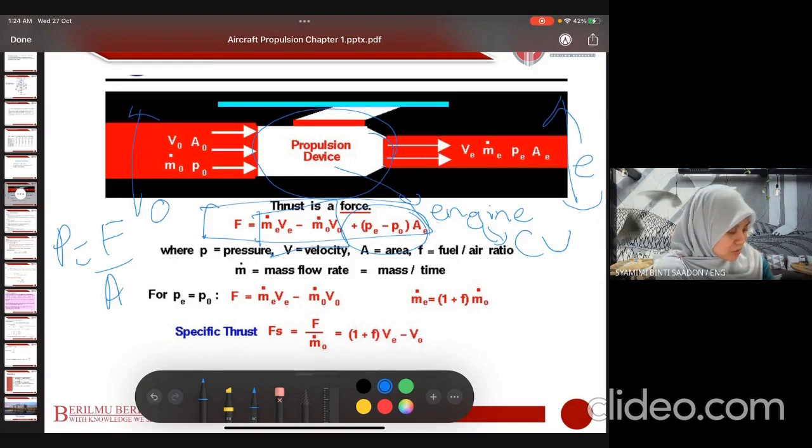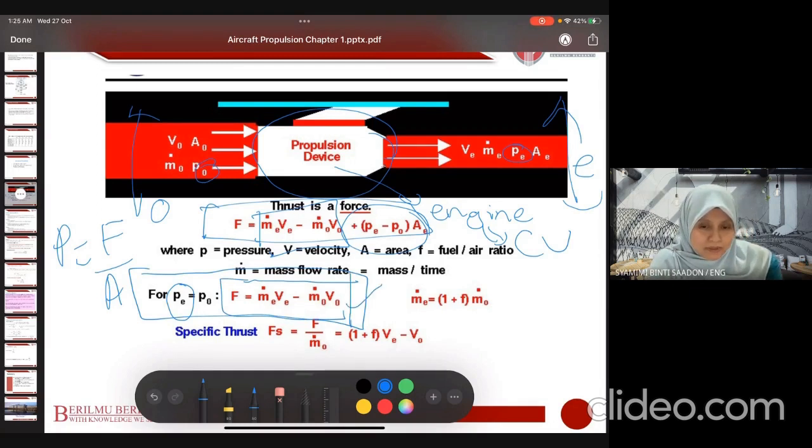So if we assume that the exhaust pressure PE equals PO, then the thrust force equation is simplified to only this one, only the momentum equation. And we also have specific thrust. Specific thrust is the thrust over the mass flow rate of the air.